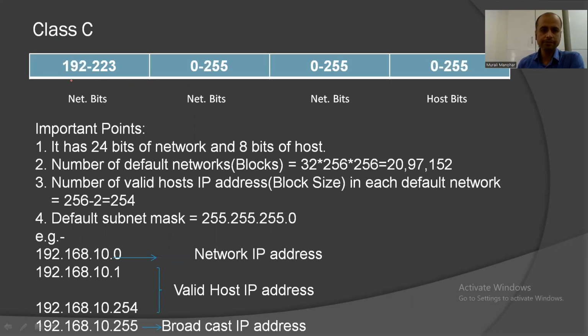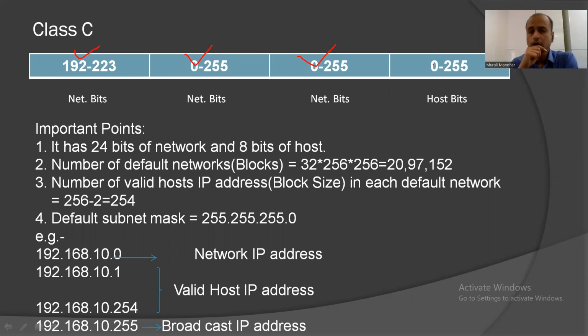On the basis of that, in class C, the first three groups are used as the network part of the IPv4 address, so a total of 24 bits are used to represent different networks. The remaining 8 bits only are used to represent different hosts in a network.